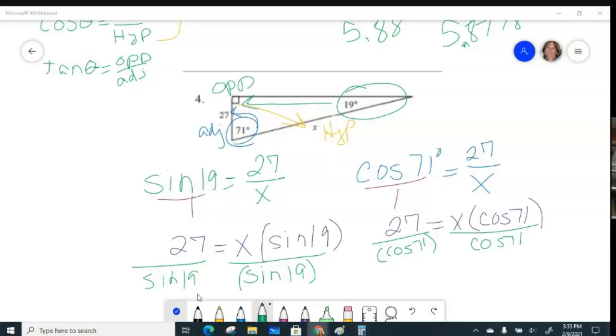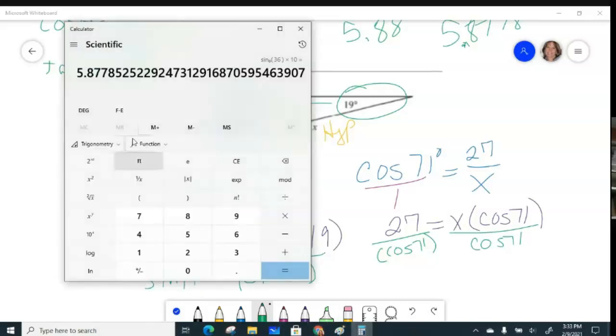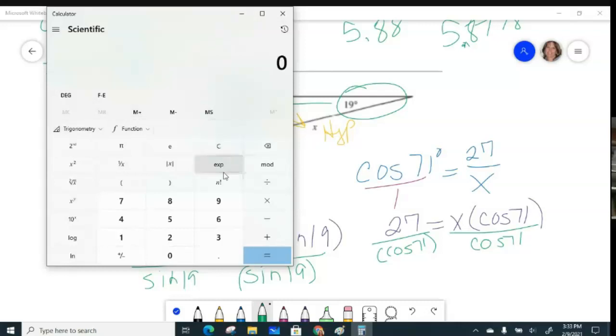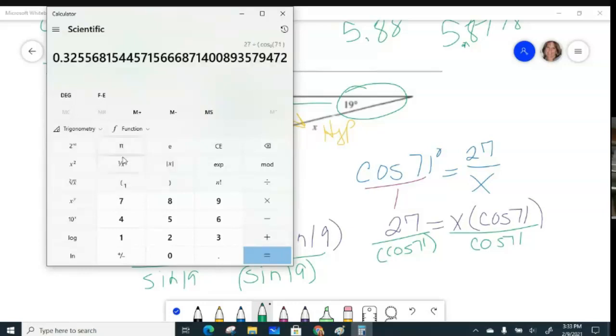Yes, I believe that is the correct answer. Of course, that's going from memory. Let me look real quick. So clear. So 27 divided by open parentheses. And that one is the cosine. Nope, what did I do? I need to get my other calculator. You forgot your degrees.